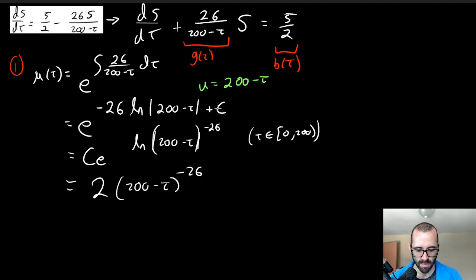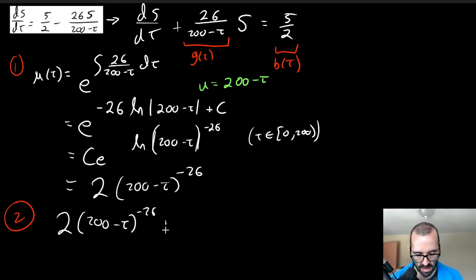All right. So we multiply both sides by this integrating factor. That's going to give us 2 times (200 minus t) to the negative 26, plus 2 times that is going to be 52. What do we have?